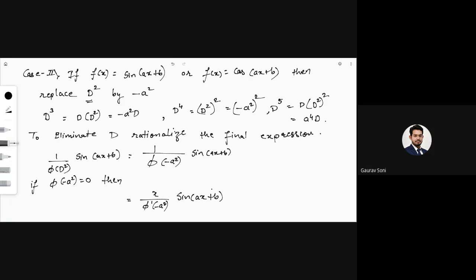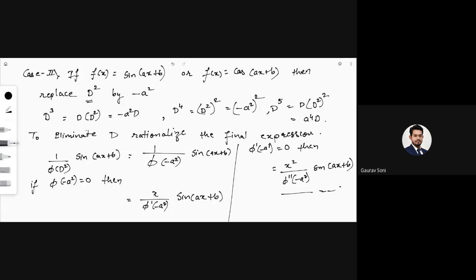Now if still phi dash of minus a square is becoming 0, then what will I do? I will again take the derivative and multiply the numerator by x. So that will be phi double dash of minus a square sine of ax plus b. This is what we have to follow until that 0 in the denominator goes off.